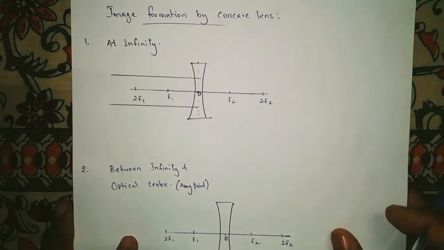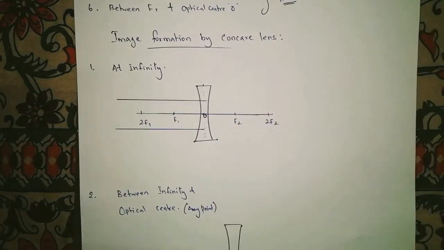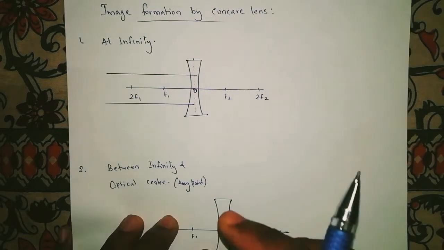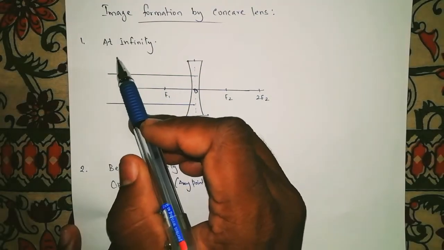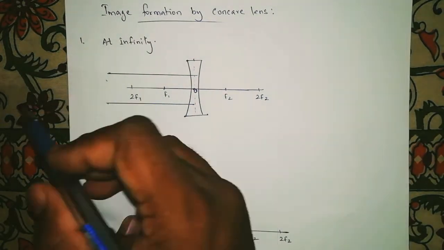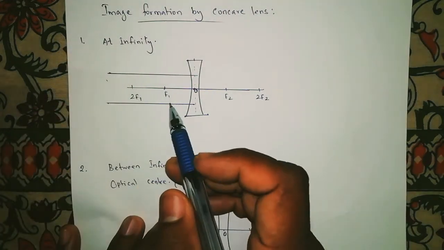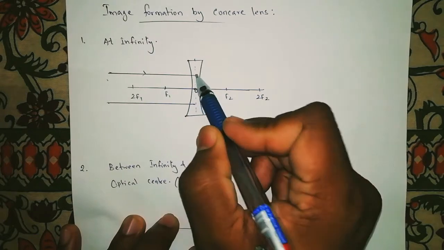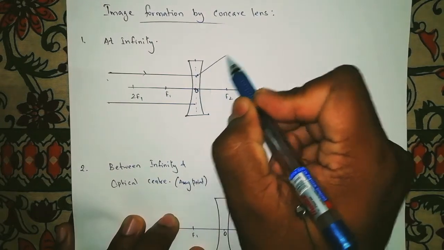Okay, the next topic is the image formation by a concave lens. How is the image formed on the concave lens? First thing is, the object at infinity. I'm going to keep some object here somewhere beyond that 2F1 and all. Infinity, we don't know that. So the ray of light which comes here, and after that it is refracted.